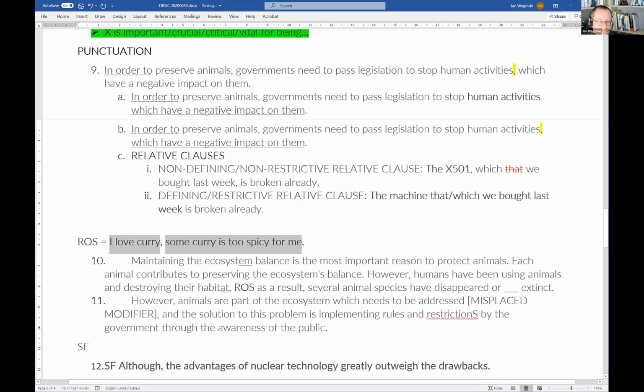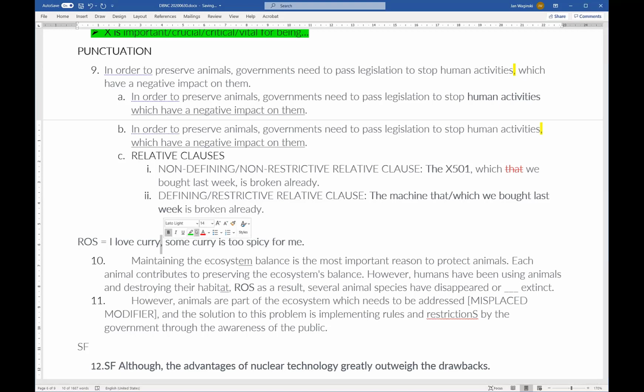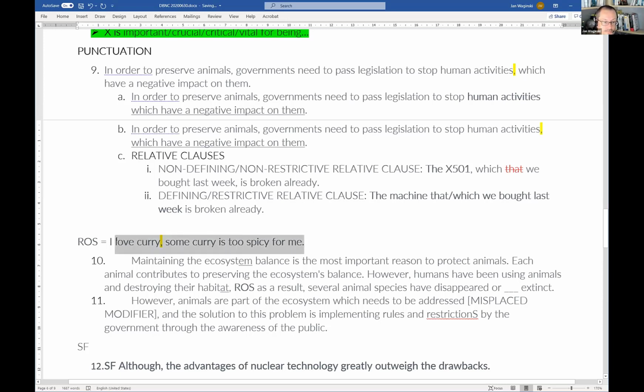The rule is if you have two complete sentences, you can't separate them with a comma. So you have to use a word like but, or you have to put a period in here, or you can put a semicolon, however, comma, up to you. So three quick fixes.